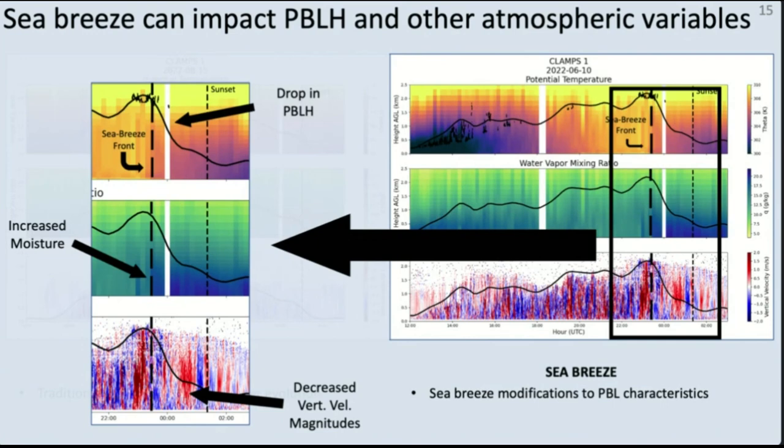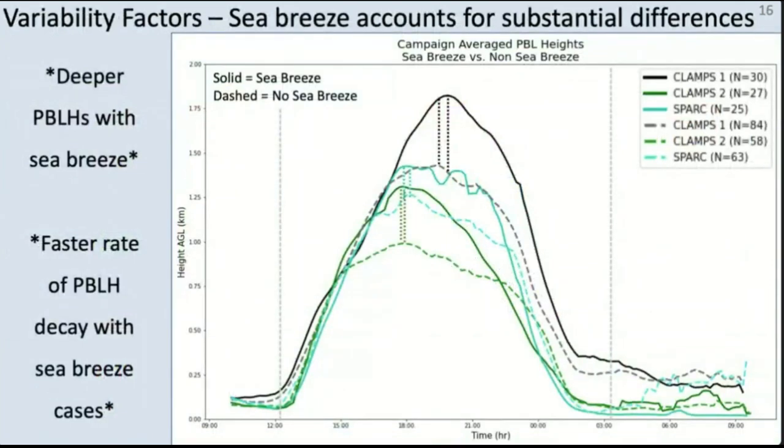Now, this is just a single case and a single example of how the sea breeze can affect the PBL, but just how different are the PBL heights when we compare sea breeze versus non-sea breeze cases throughout the campaign? So that's what we have here with our campaign averaged heights for the two types of cases. The sea breeze cases are the solid lines, while the non-sea breeze cases are our dashed lines.